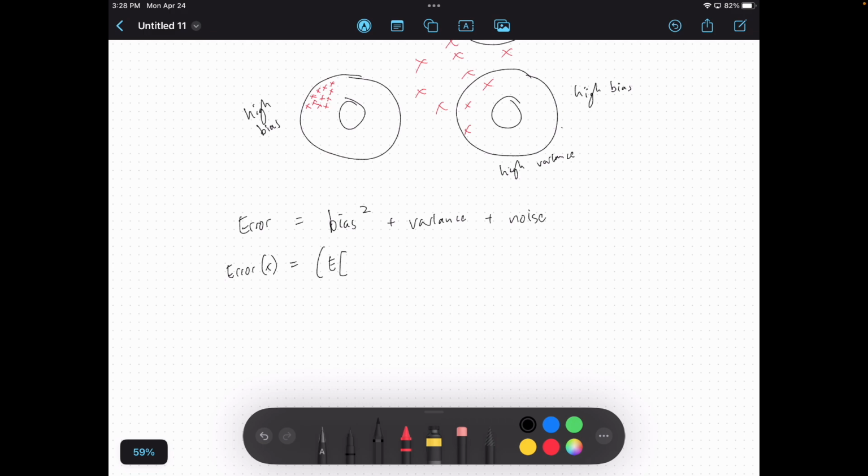So the expectation of the fitted value plus expectation of f hat x minus expectation squared.